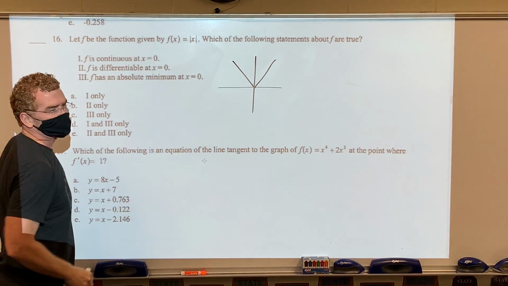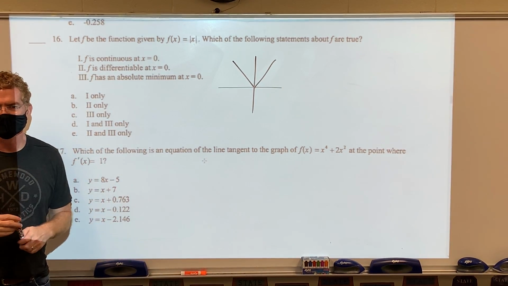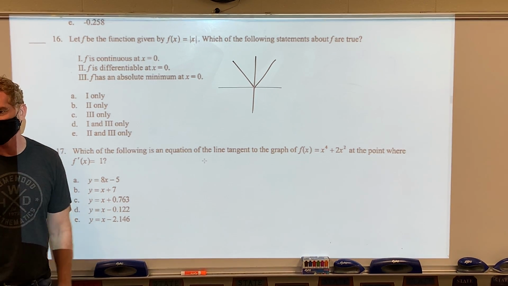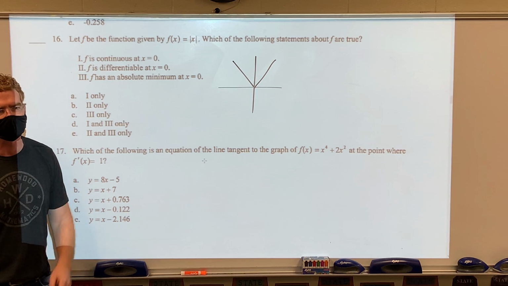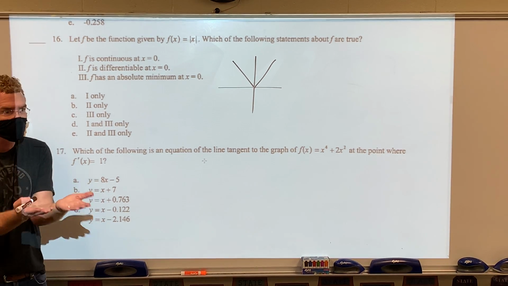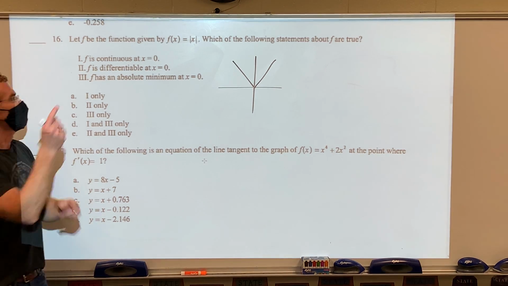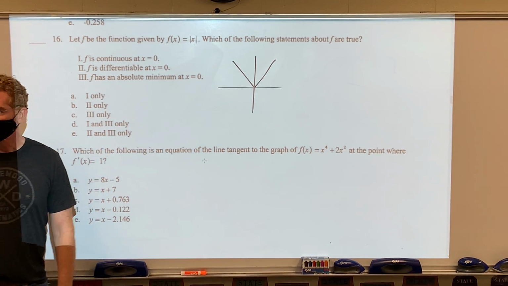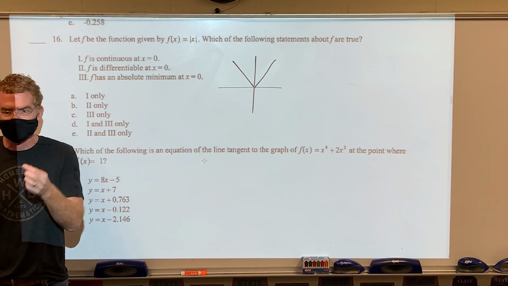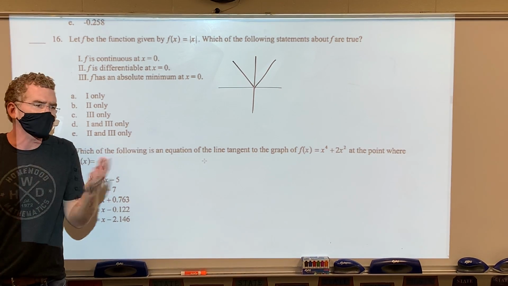Is it continuous at x equals 0? Yes. Continuous? Does the value exist? Yes. Does the limit exist? Yes. Are they equal? Yes. It's continuous. It's just not differentiable. Continuous just means there's no hole, no vertical asymptote. Doesn't it go right through there? That's continuity, right?